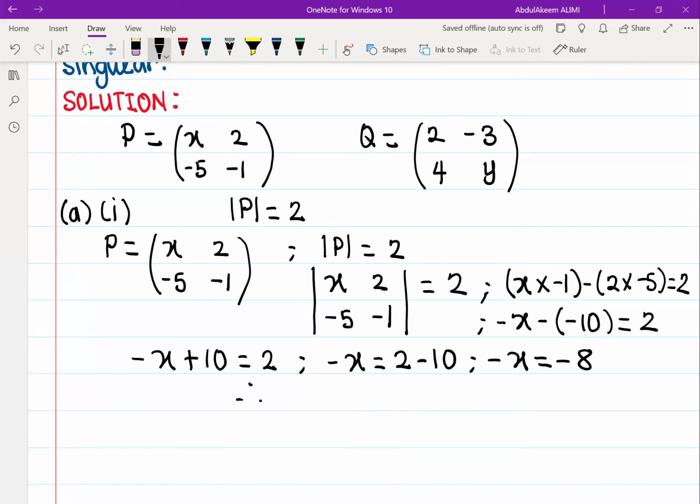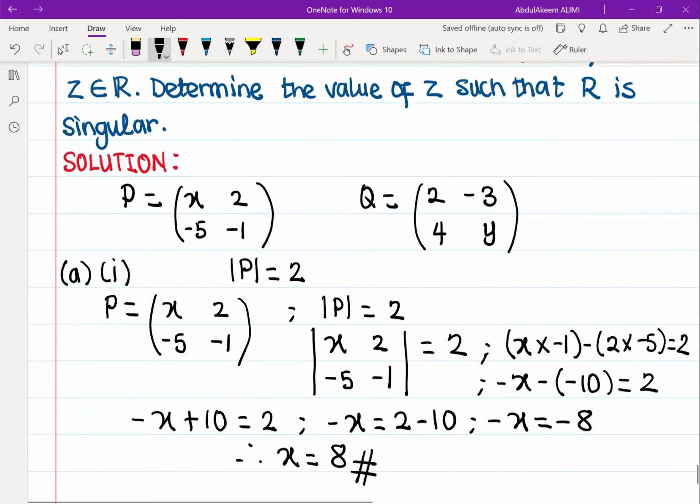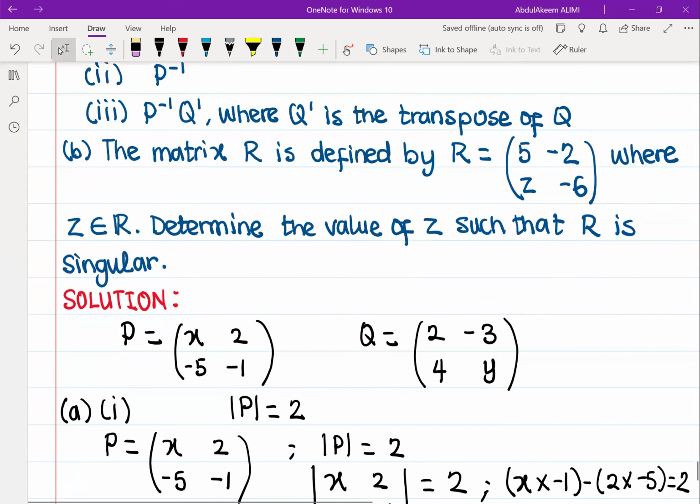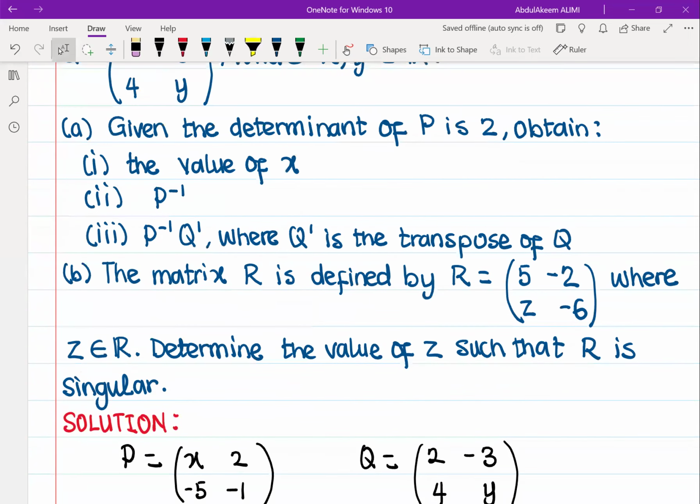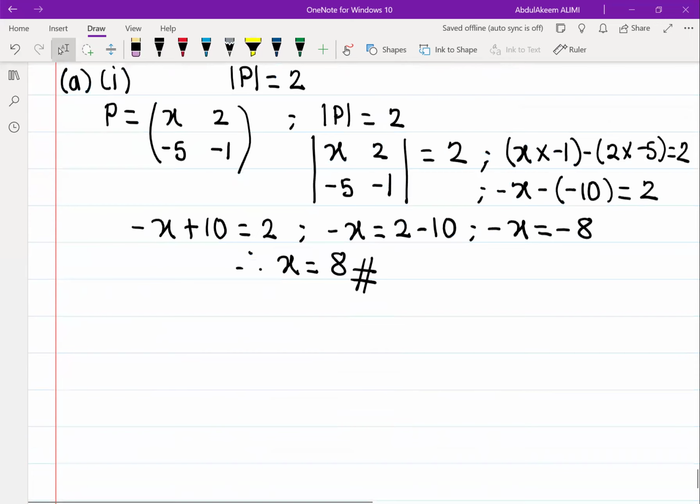Therefore, the value of x is equal to 8. So I've gotten the value of x according to the first question, which is 8.